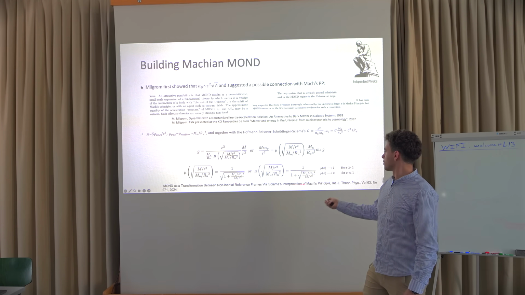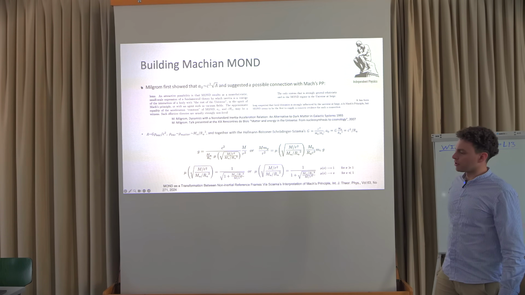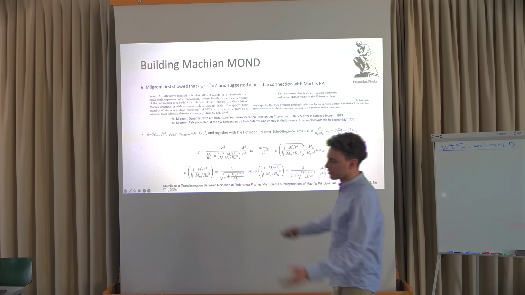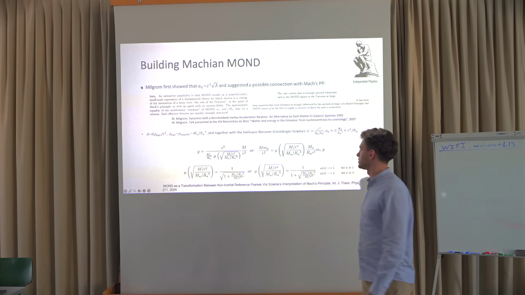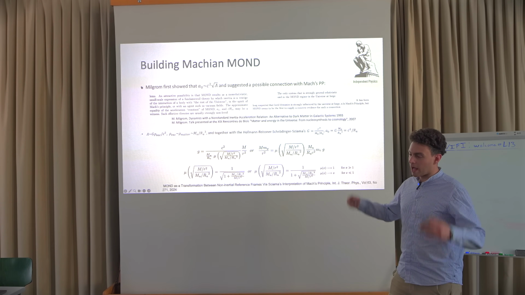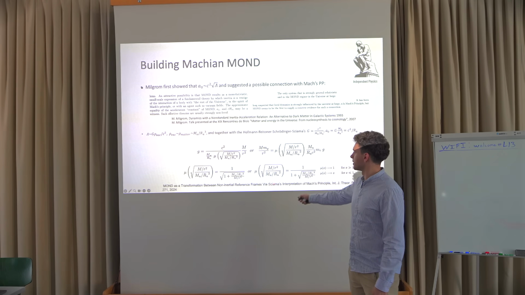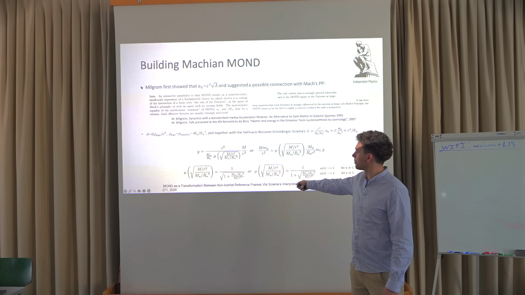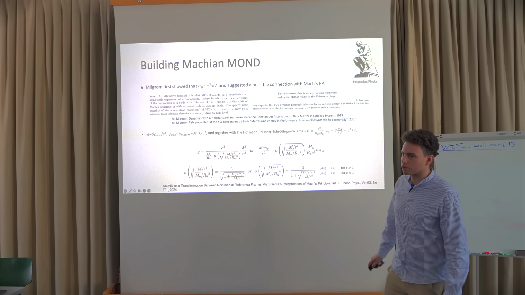So the interpolating function looks like this, and you need to satisfy, again, the conditions before to get the usual Newtonian laws in the solar system, which work. The solar system is in the high acceleration regime. And so basically the field intensities are always higher than the ones you get from the mass and radius of the universe.